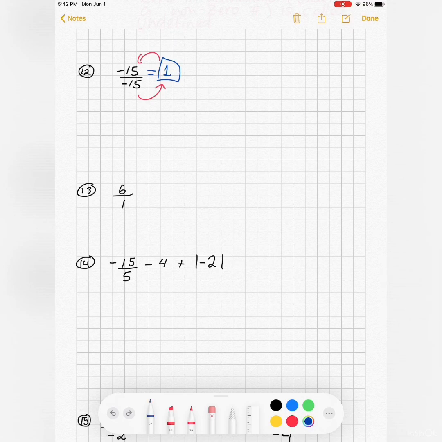What's 6 divided by 1? If I have 6 things and there's only one person, well, that one person gets all 6 things, right? 1 times 6 is 6.